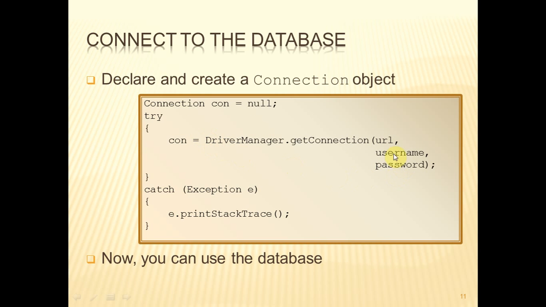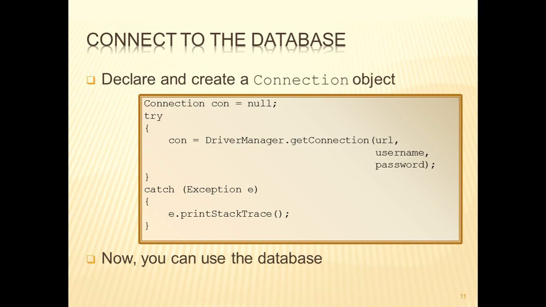What happens is that this method, getConnection, will then attempt to connect to the nominated database using these credentials. If everything works, then what gets returned is a reference to that connection object, which is then stored in our variable con. On the other hand, if it doesn't work, then it's going to throw an exception, probably an SQL exception.